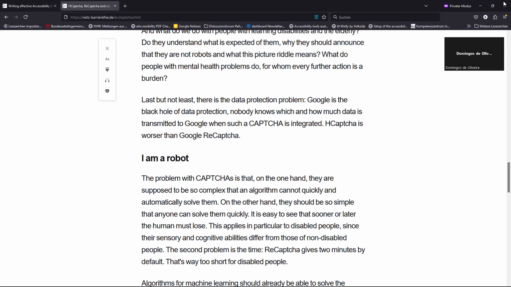CAPTCHAs are in a way complicated. They must be so complicated that they cannot be solved by robots, but should be solved by persons. But the problem is, in most cases today, robots are more likely to solve the riddles than humans.